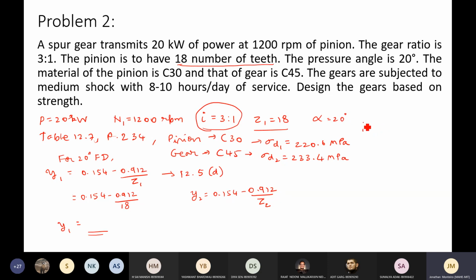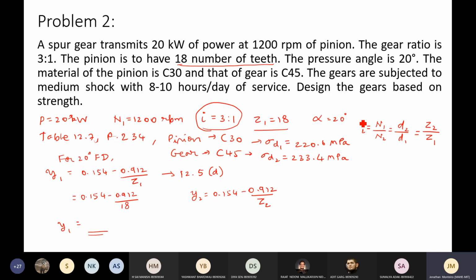We know that I equal to 3:1 means N1 by N2 should be equal to D2 by D1, and D2 by D1 also should be equal to Z2 by Z1. This equation, that I is equal to N1 by N2, D2 by D1 and Z2 by Z1, holds good for a few of the gears.